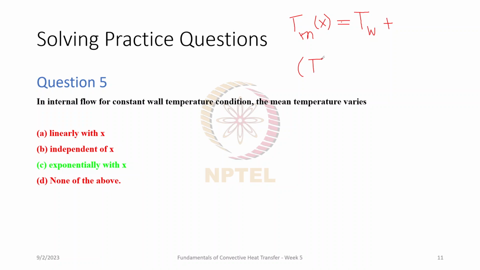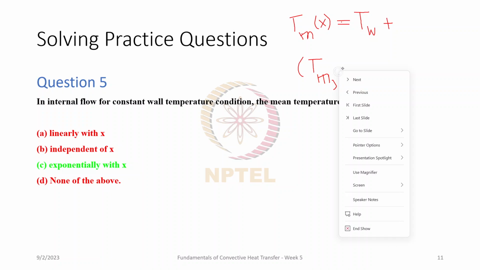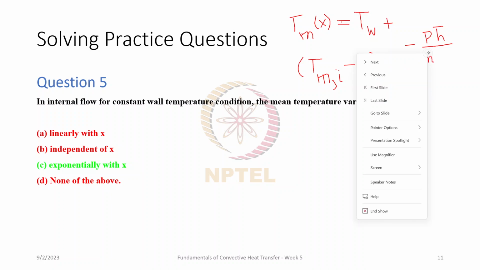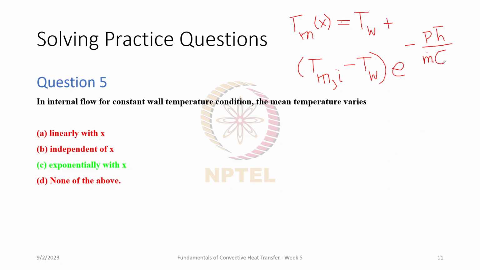So it is Tm,i, that is the mean temperature at the inlet, minus again Tw, the wall temperature, into e to the power minus of the perimeter into the average convective heat transfer coefficient divided by m dot, that is the mass flow rate, then Cp, into x.